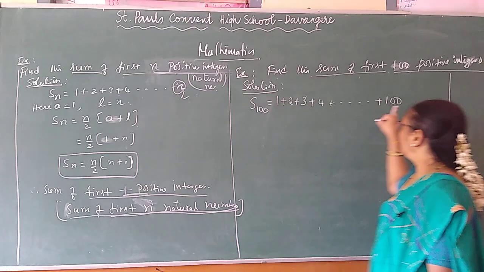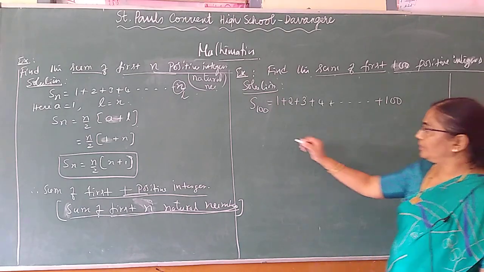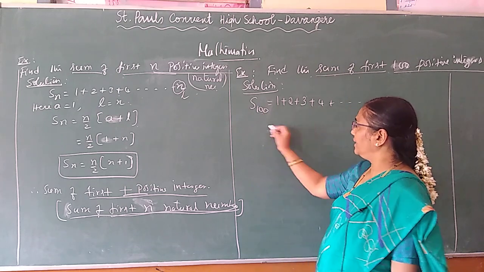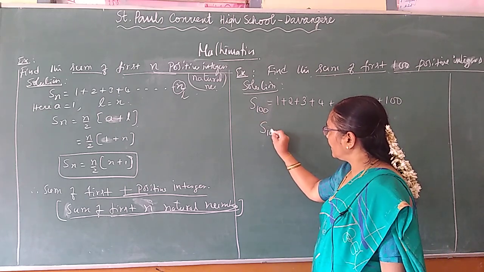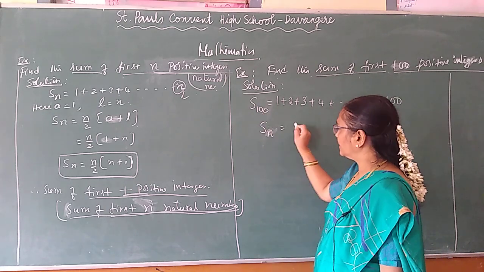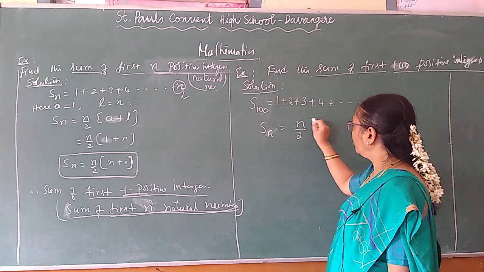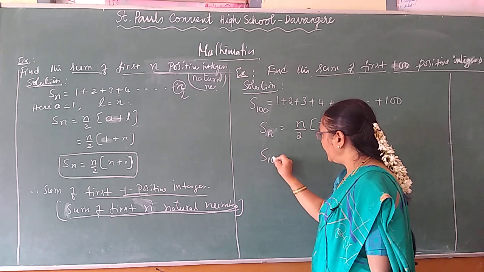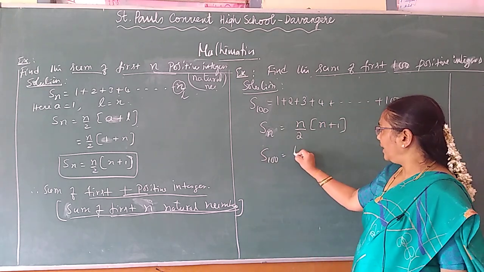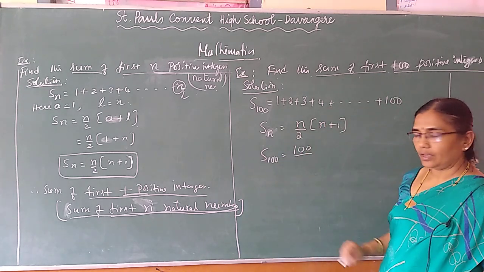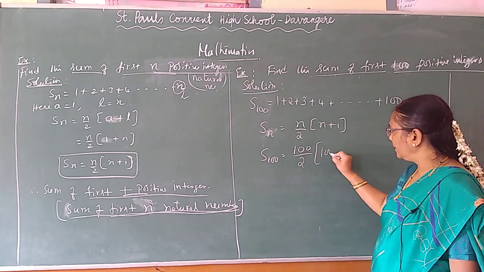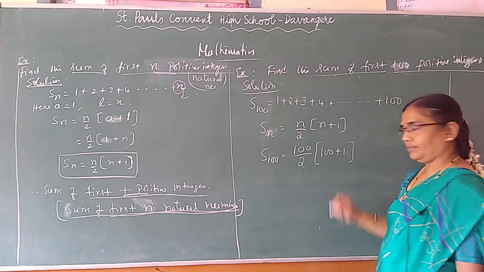Our sum is up to 100. Therefore, we can use the formula here. Here n is 100. Therefore, we write the formula once, Sn is equal to n by 2 into n plus 1. That is S100 is equal to 100 by 2 into 100 plus 1.